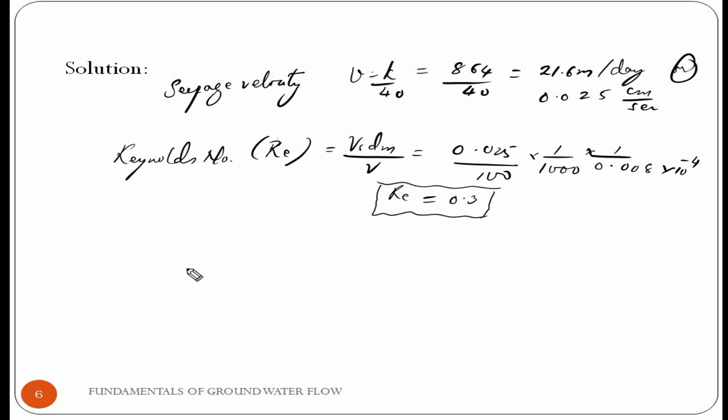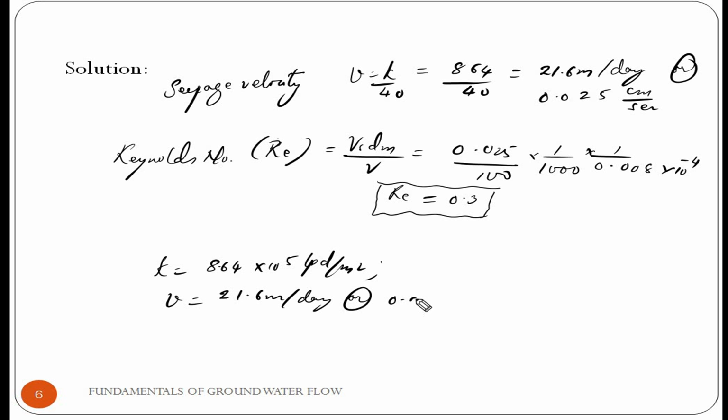So now let us summarize the values we have just calculated. The K value is 8.64 into 10 to the power of 5 liters per day per meter square, and V value is 21.6 meter per day, or in terms of centimeter per second 0.25 centimeter per second, and the last one, the Reynolds number, is coming around 0.3.